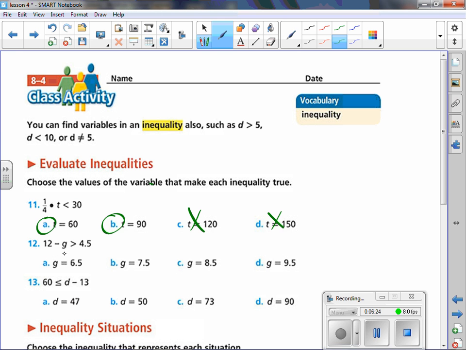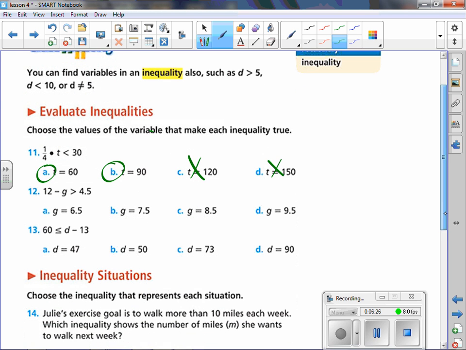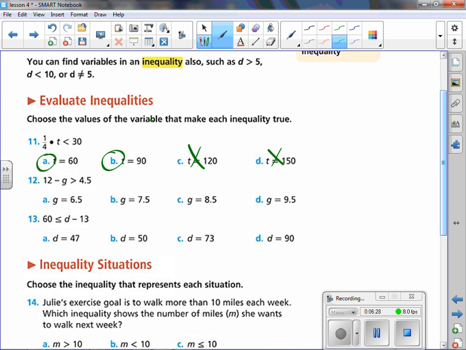All right, 12 minus g is greater than 4 5/10. 12 minus 6.5 is 5.5, so that's greater. So yes, that holds true. 7.5. 12 minus 7.5 is 4.5. That's equal to. What that tells me is that none of the rest of these are going to work because they're larger numbers, and I need it to end up being greater than 4.5, and all of these would equal less than 4.5.